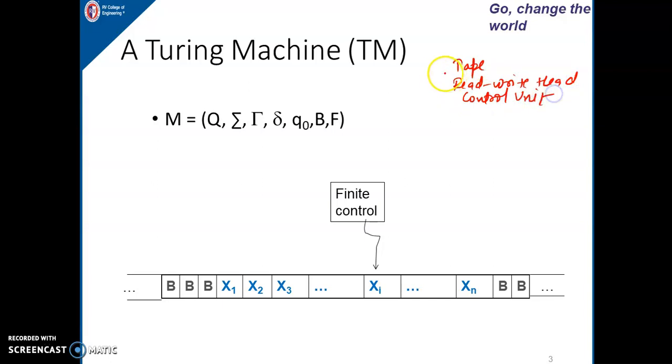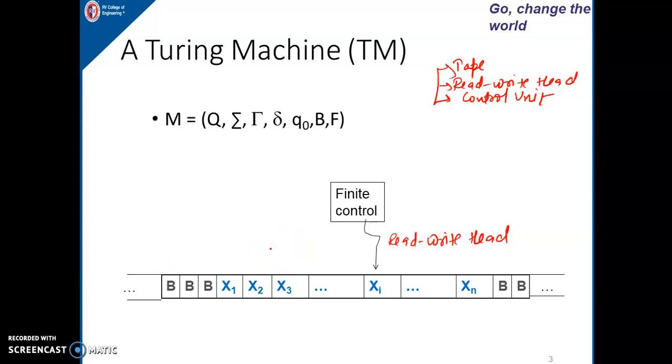Control unit is nothing but this finite control shown here, and this is nothing but we can say it is read write head. So it has three components.